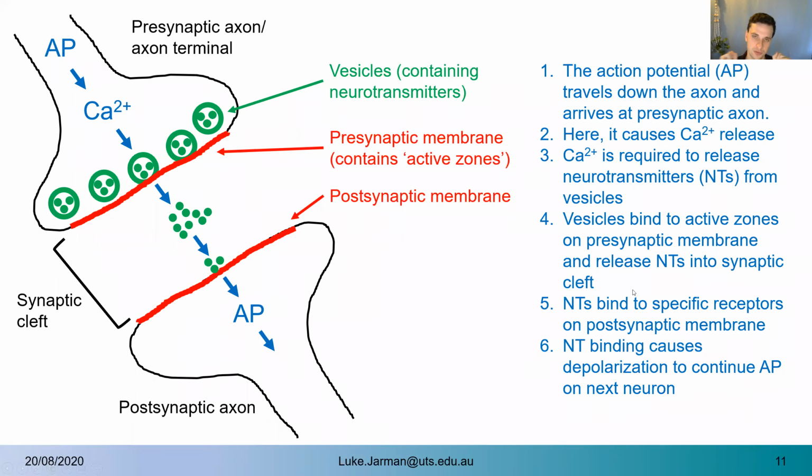They flood the cleft, and they really don't have anywhere to go except land on the postsynaptic membrane. Here they bind to specific receptors that are looking for them, and that neurotransmitter binding causes the depolarization to continue along the next neuron. So it's basically continuing the action potential.